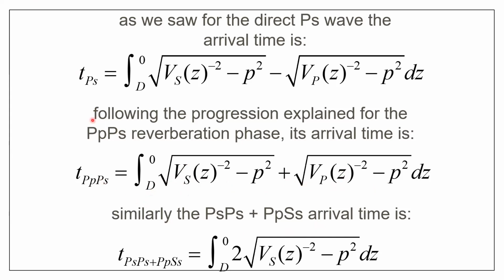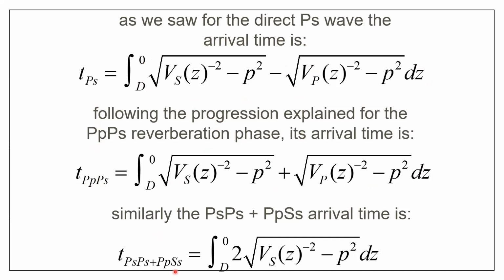If you compare this formula with the travel time of the P2S converted phases, you will see that here you have a plus and a minus sign, and there you have just a plus sign. That is because of the pattern of the ray path. Here you have three P paths, there you have only a single P path, and then you are subtracting it from the direct P phase. So the formula will come something like this for the travel time of PPPS and P2S converted phases.